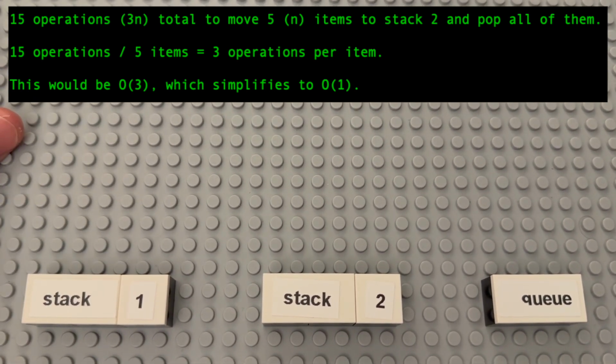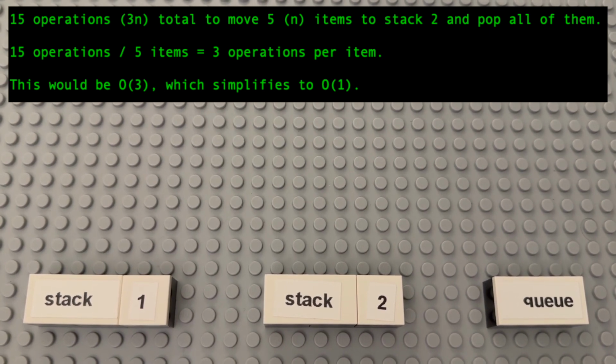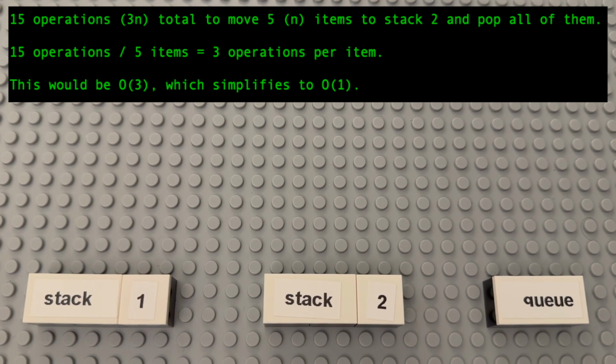That divides to 3, which ends up being a constant time. So basically what that means is that on average, you're going to be spending a constant amount of time when you factor in that your first pop's going to be more expensive and all subsequent pops for all the elements you had on the queue are going to be constant time, right? O of 1. So that's kind of where it boils down.